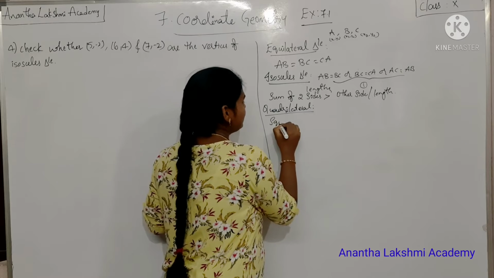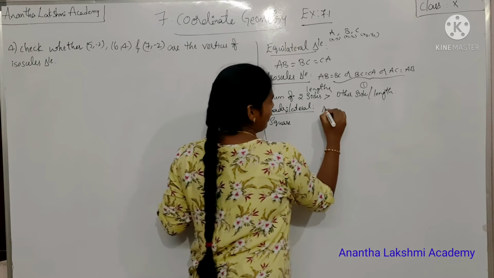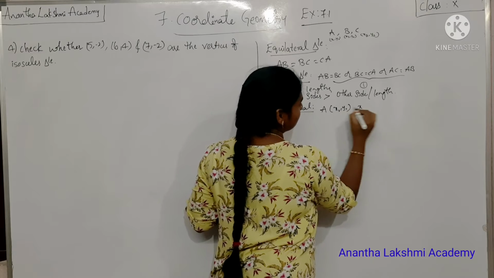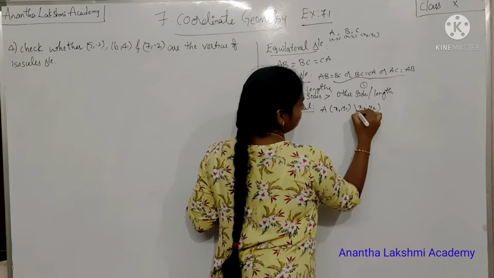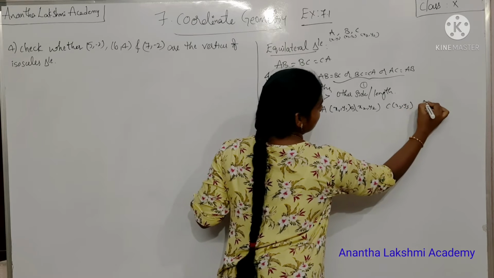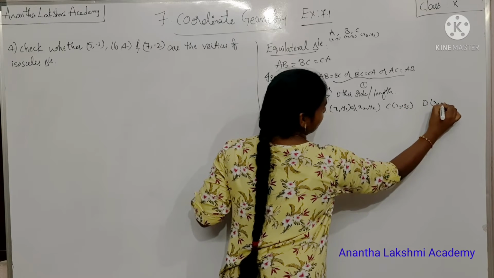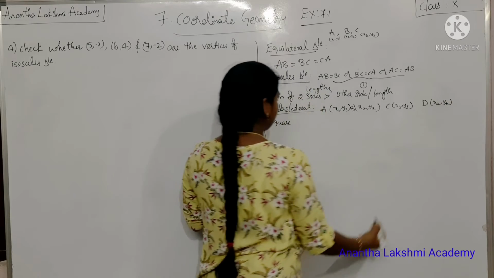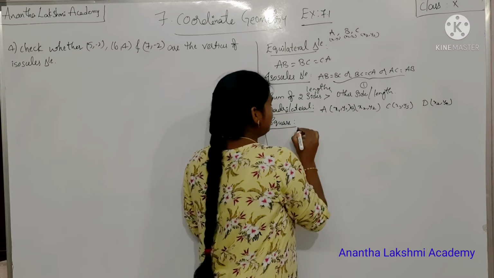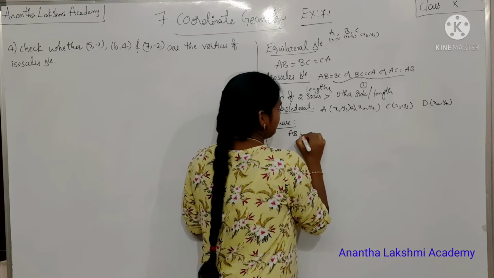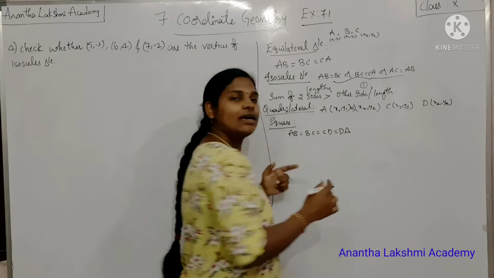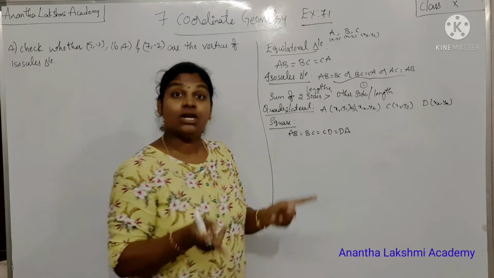So if it is a square with points x1, y1, x2, y2, x3, y3, x4, y4. Okay, if it is a square, then you need to have AB equal to BC equal to CD equal to DA, which means within a square all sides are equal.